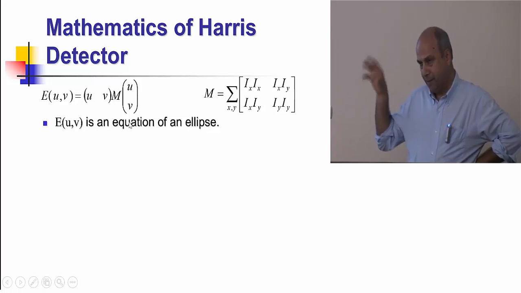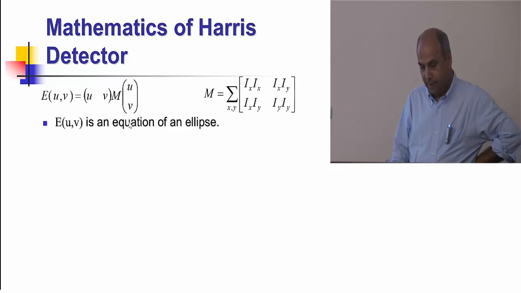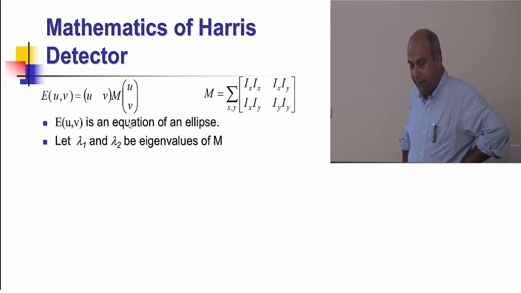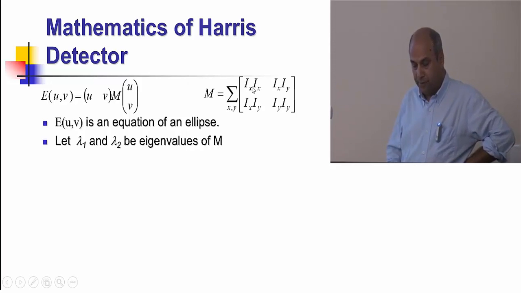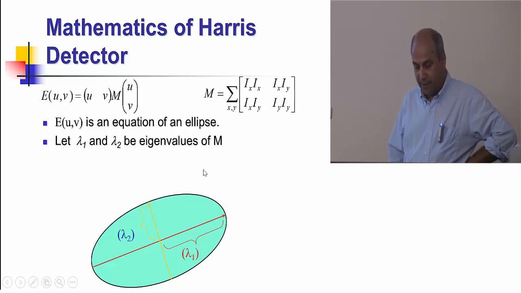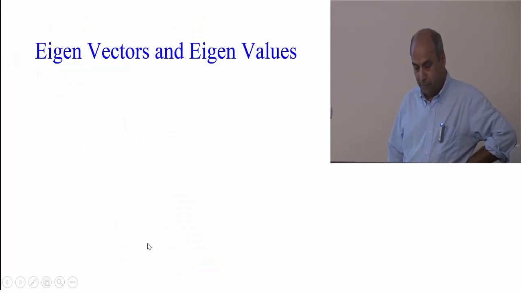A circle, then there's an ellipse, and these things. It's the equation of an ellipse. And so we are going to look at the eigenvalues of this matrix M, which is here. The ellipse looks like that, and these are the eigenvalues, lambda 1, lambda 2.